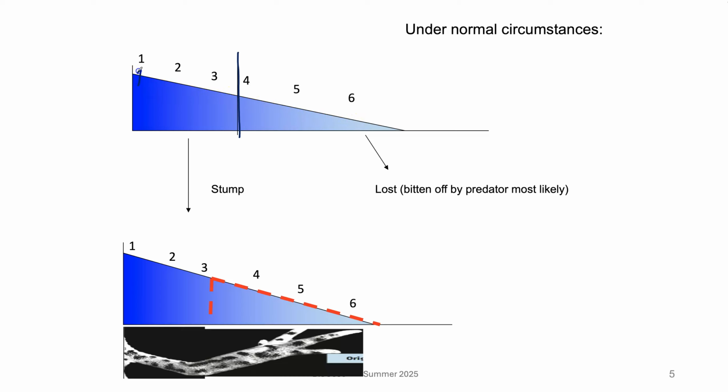The numbers are just points along that gradient that are expressions of positional value. So this is a proximal value, this is a distal value, these are intermediate, this is closer to the proximal end, this is closer to the distal end, and so on. We would refer to these as positional values, but you can also think of them in terms of the amount of some signaling molecule.